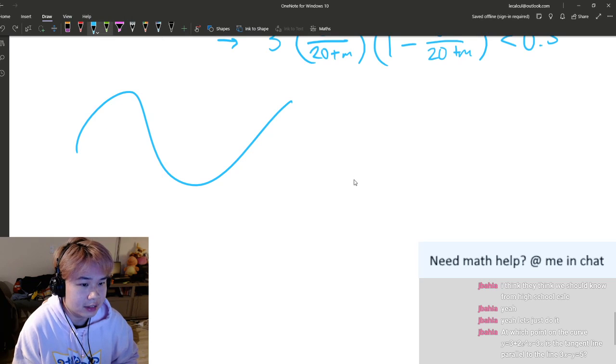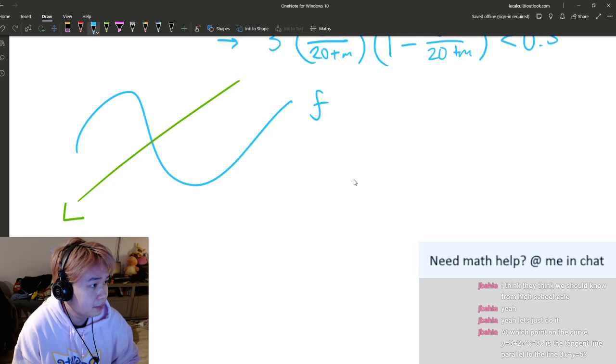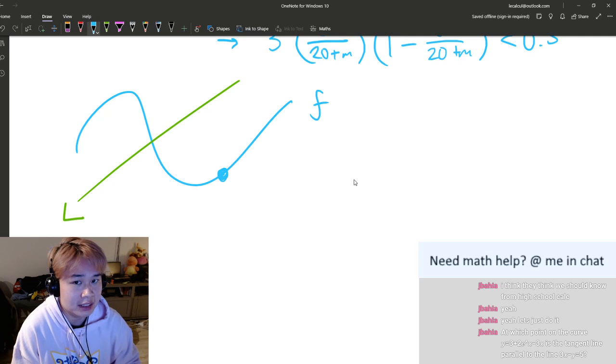If I could change colors. Like let's say here. So this is your line, and then this is your function. So somewhere along the function, there is a tangent slope that is going to be parallel with it. So maybe it's here.